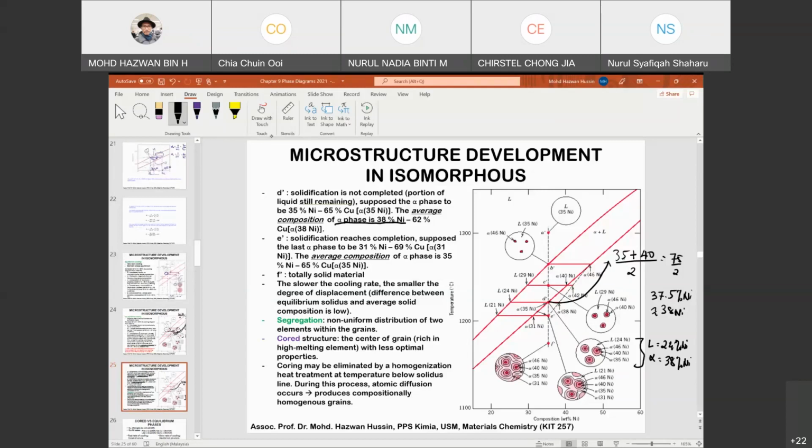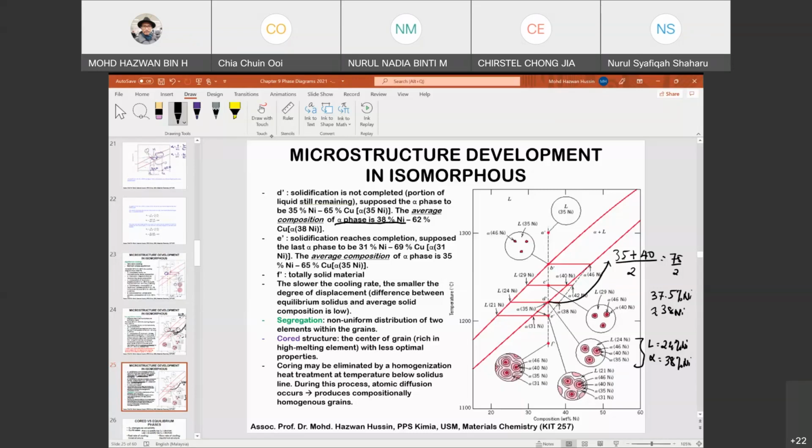So E prime, it is actually in the solid phase. Solidification reaches completion. Suppose the last alpha phase to be 31% of nickel, okay? But the average now becomes 35. So over here, still the same thing. It's already in the solid phase.